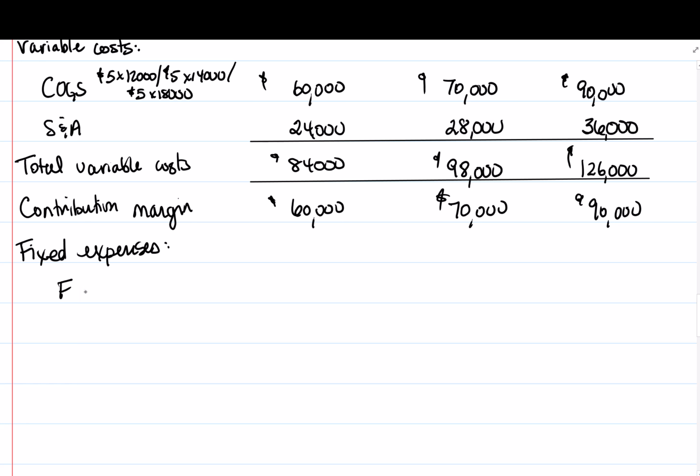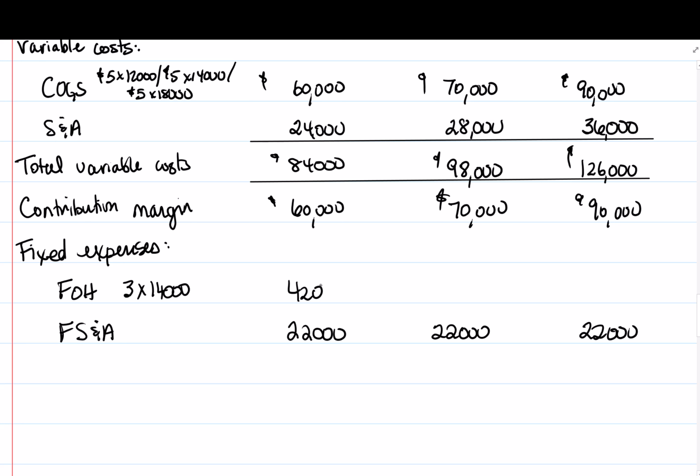And we have fixed overhead, and then we have fixed selling and admin. Fixed selling and admin was the 22,000. Again, exactly the same as the previous. Fixed overhead, well, that's the $3 times 14,000 units to get yourself to that full amount. You don't want to look at applying it here.